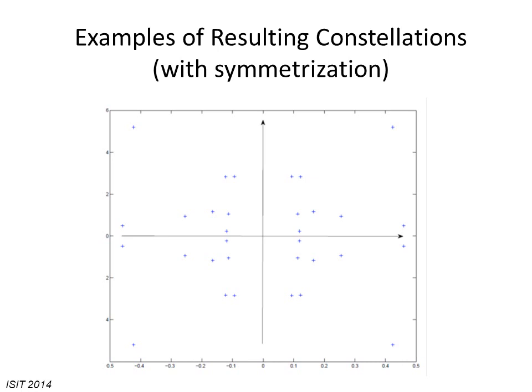Here is an example of another constellation which has been converted into a symmetrical constellation by modulating another bit of information into the sign of I and an independent bit into the sign of Q. So you see the shape of the constellation is not very far from the uniform constellations that are usually used in conventional legacy modulation systems.